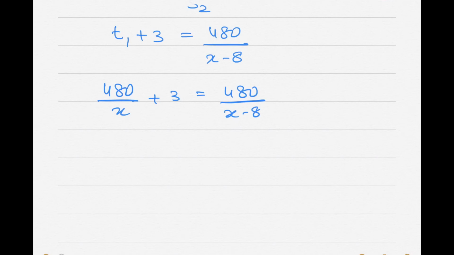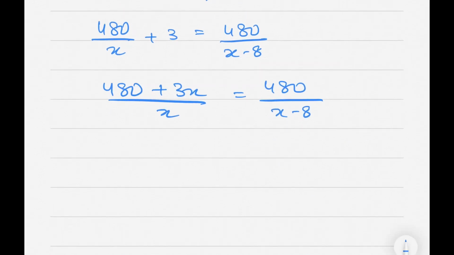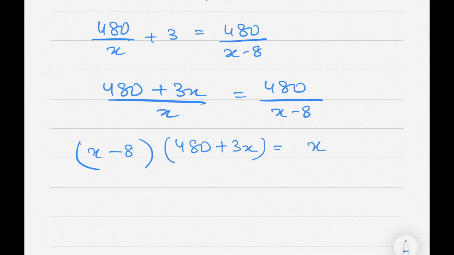I can bring the x terms together, or I can take the LCM here also. Any way I can do. So if I take the LCM here, (480 + 3x)/x = 480/(x − 8). Cross multiplication will give me (x − 8)(480 + 3x) = 480x.